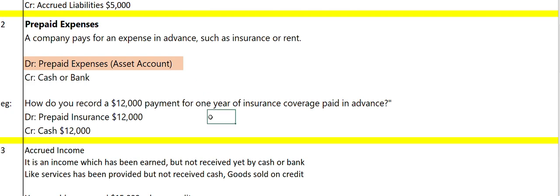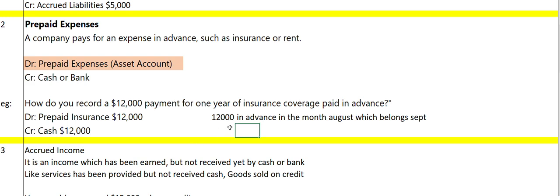That means you have paid insurance of 12,000 in advance, in the month of August, which belongs to September.